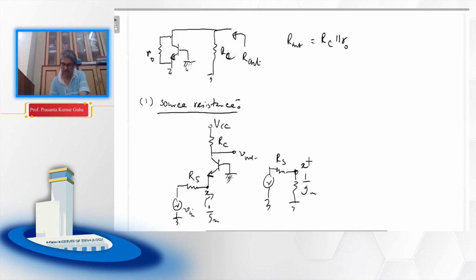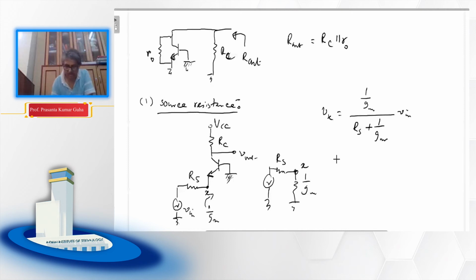Okay, so if that is the case, then we can again straight away write what is Vx. Vx will be 1 by GM, that resistance, divided by RS plus 1 by GM, multiplied by Vin, that is your Vx, right?